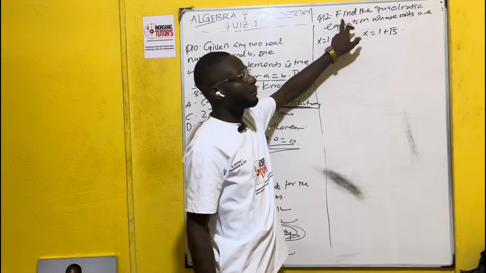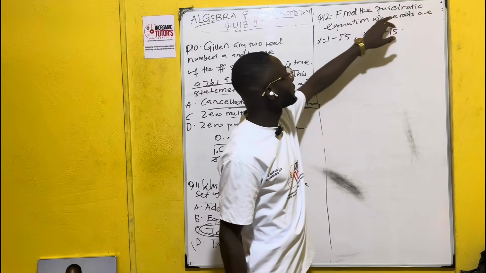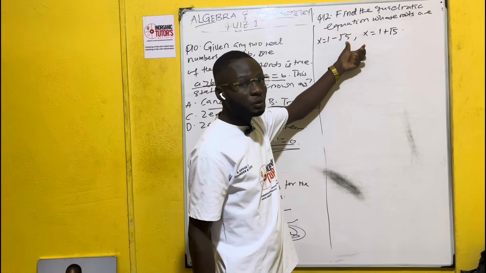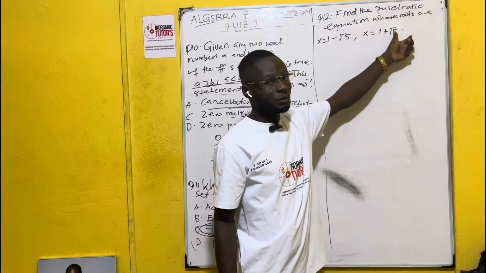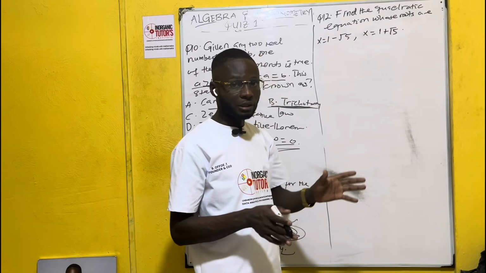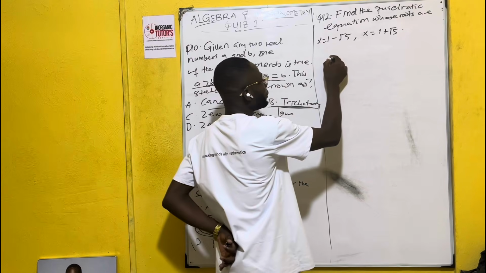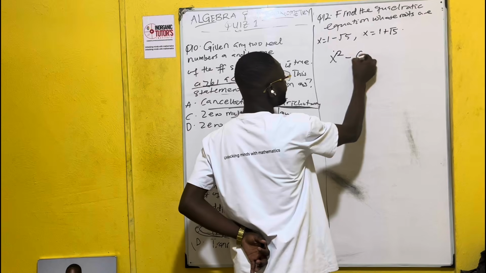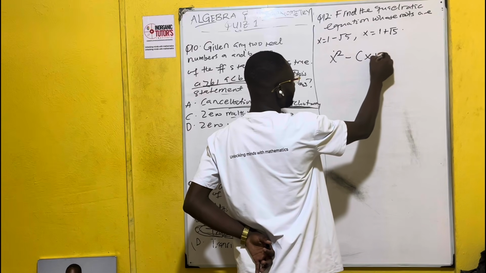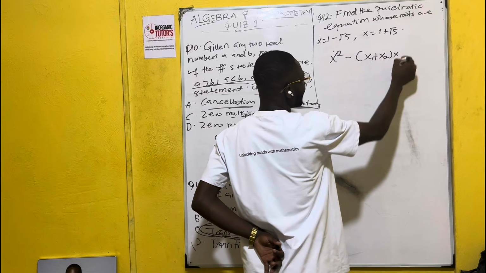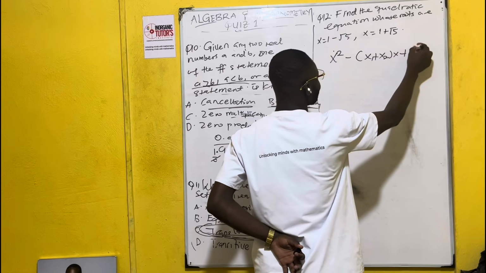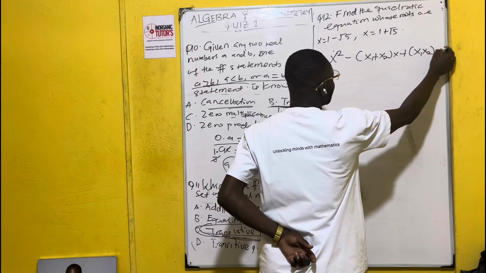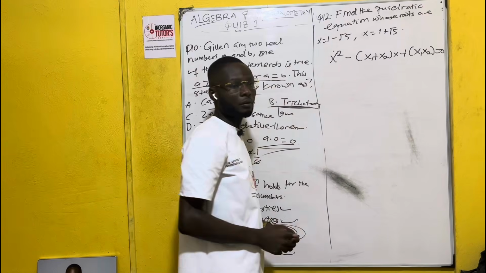Now, with question number 12, we want to find the quadratic equation whose roots are 1 minus square root of 5 and 1 plus square root of 5. So we know the standard formula: x squared minus (x1 plus x2) times x plus x1 times x2 equals 0, right?